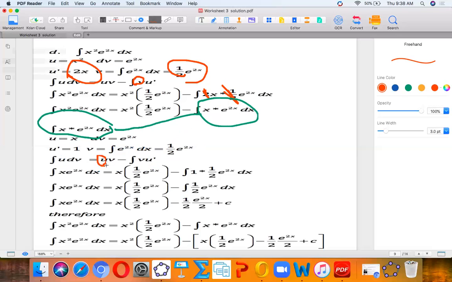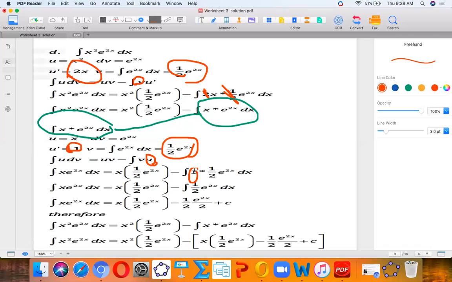So our u is x, so this x that I have here, and then our v is a half e to the 2x, which is what I have here, and then v again, so it's a half e to the 2x, and then u prime, which is the 1 here.